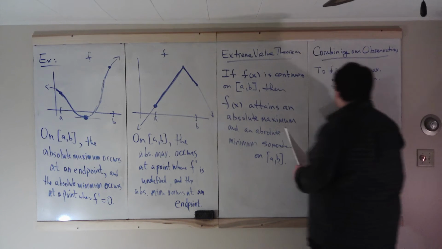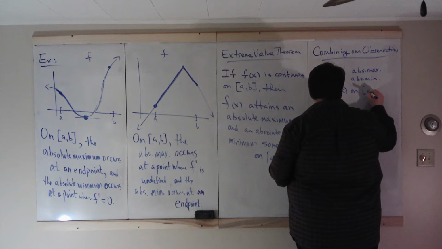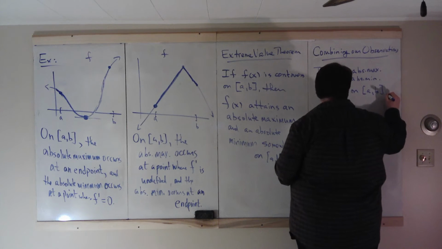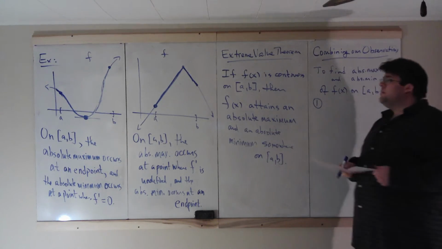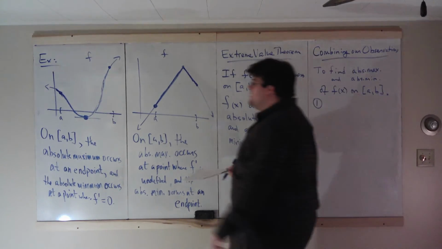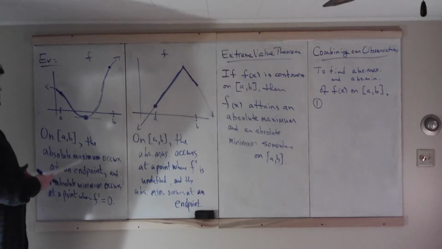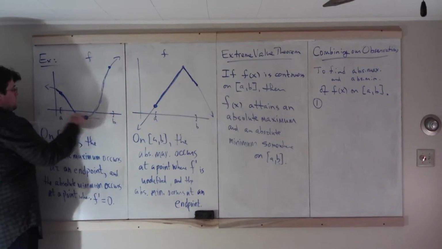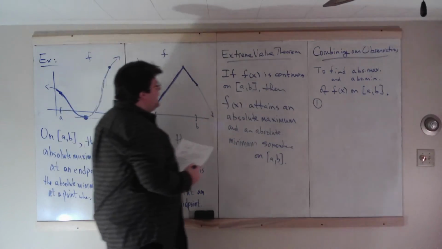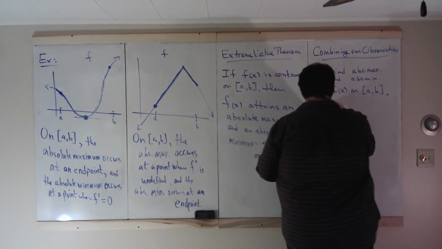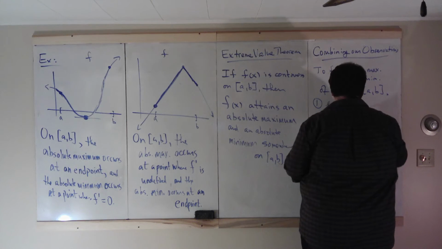First, we see over here that an absolute maximum or an absolute minimum could occur at a point where the derivative is 0, or it could occur where the derivative is undefined. So we have to find the critical points.